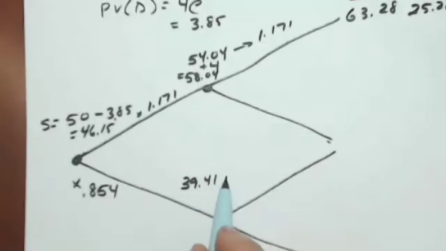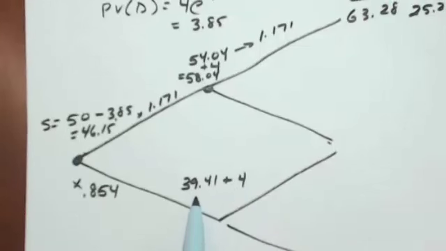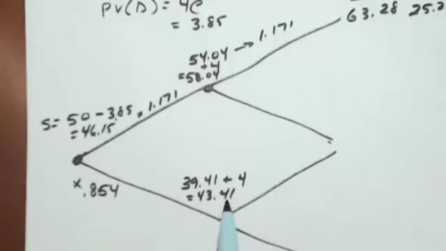And don't forget, we're going to have that $4 dividend, and so the stock including the dividend will be worth $43.41 just before ex-dividend. It'll pay a second later, it'll pay this $4 dividend, and then it'll start moving.